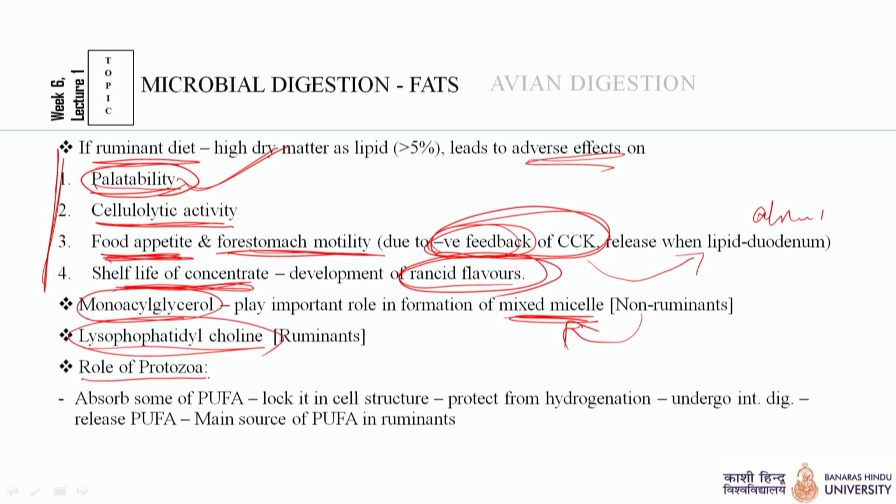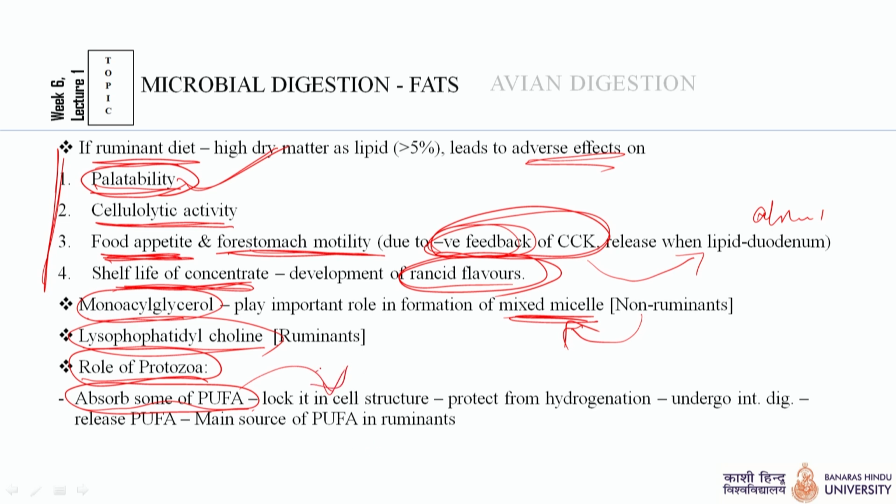Then the role of protozoa in the dietary lipids or in the microbial digestion of fats. The protozoa usually absorb some of the polyunsaturated fatty acids, and as they absorb them, they lock them into the cell structure.